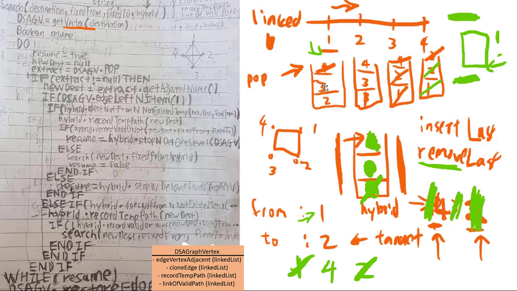So when you pop 3, you're going to check is it 2? If 3 is not 2, then you're going to record it to the stack, record it to the stack 3. Then you're going to get the position of 3, okay?